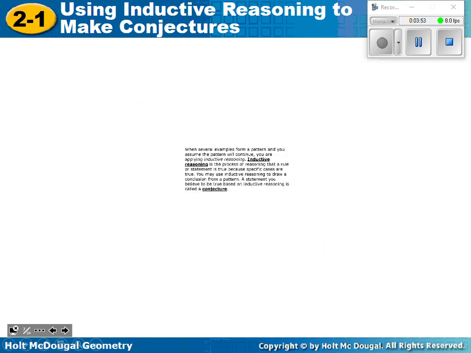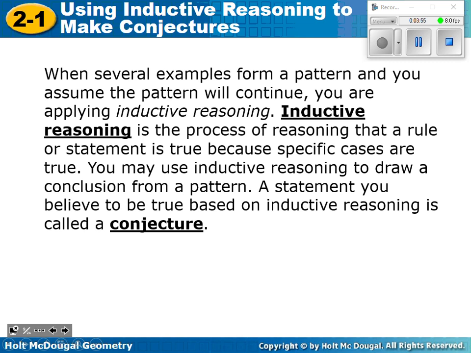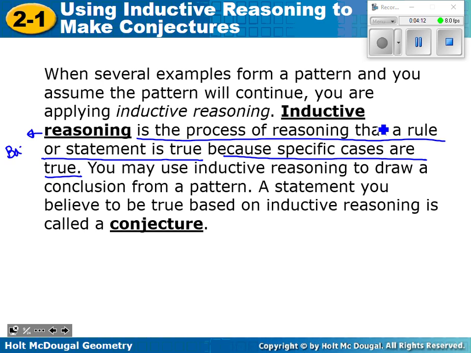Okay. So now here's our definition for inductive reasoning. Inductive reasoning is the process of reasoning that a rule or statement is true because specific cases are true. That's the textbook definition. I always say inductive reasoning is based on patterns.